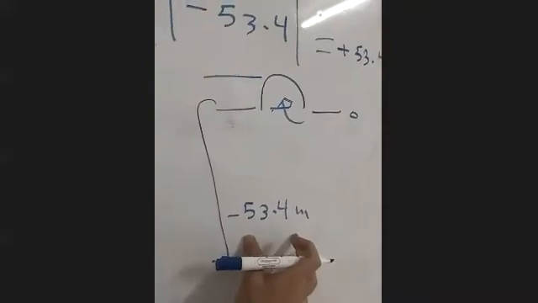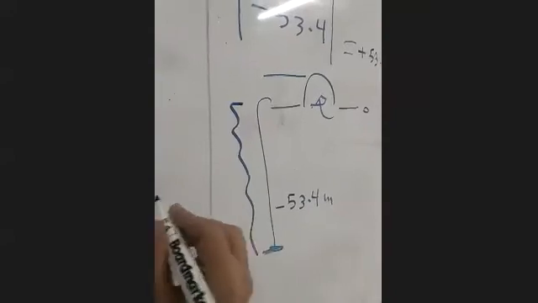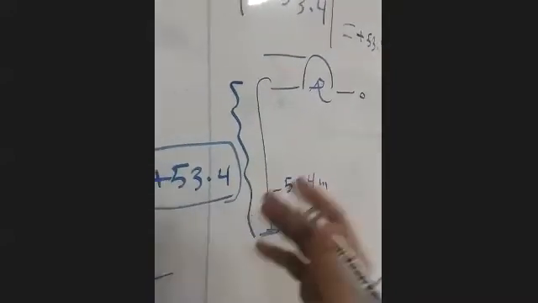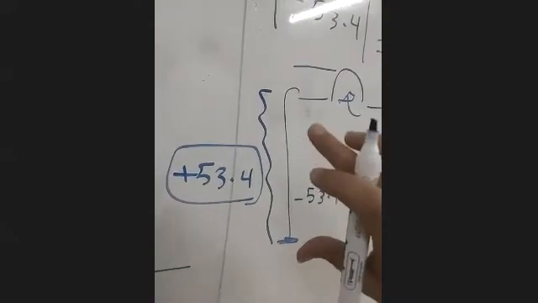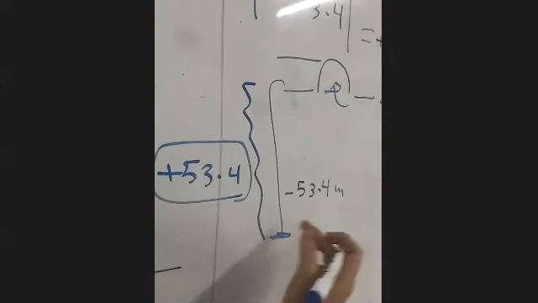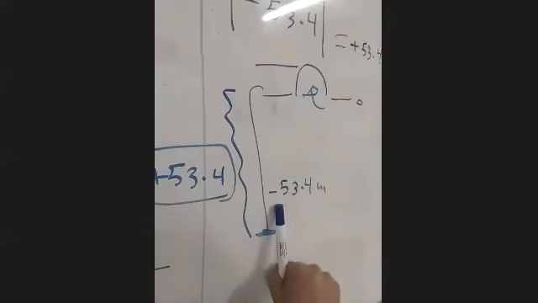No. The elevation of the lowest point, guys, is negative 53.4. But the distance is positive 53.4. Got it? We have a difference between the distance and the lowest point here. The location of the lowest point is at negative 53.4. Why negative, guys?